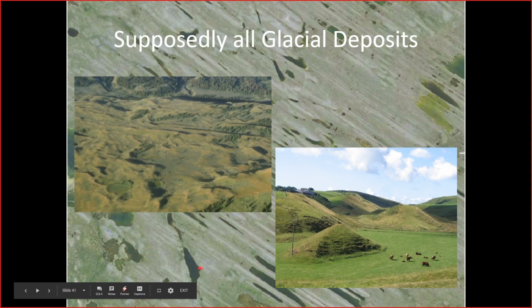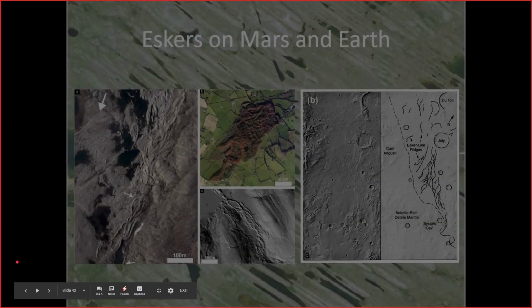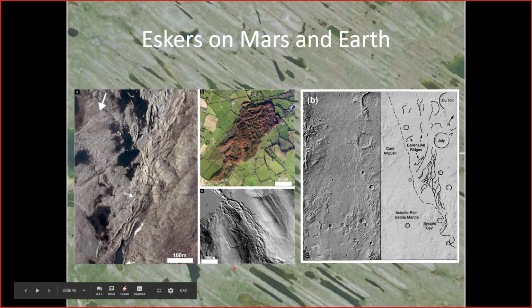So let's go a little bit deeper. Some of these are on Mars, some of these are on Earth. As you can see, these are esker-like ridges. These are supposed to apparently be there because of glaciers coming off of this crater rim, apparently. But that makes no sense in our world.